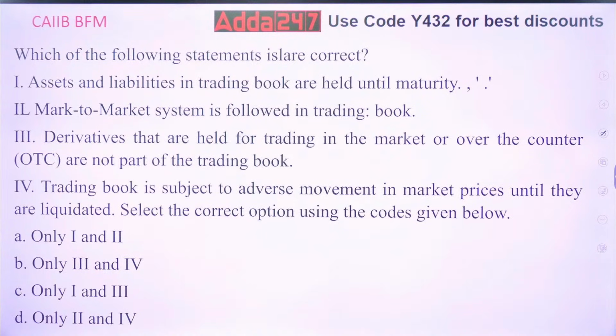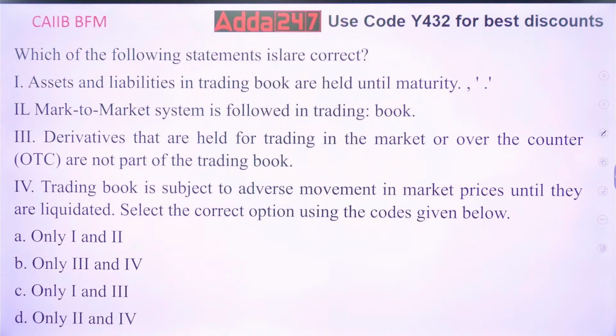Derivatives that are held for trading in the market or over the counter are not part of the trading book. Trading is subject to adverse movement in the market prices until they are liquidated. So these are the four options. Which one of them is correct? Think over it, everyone.